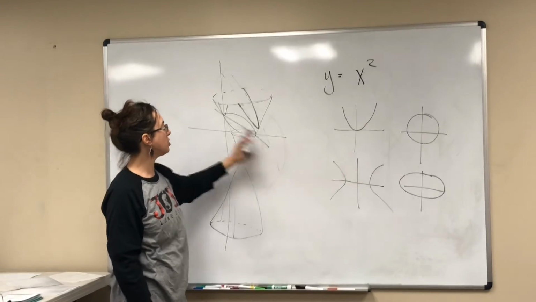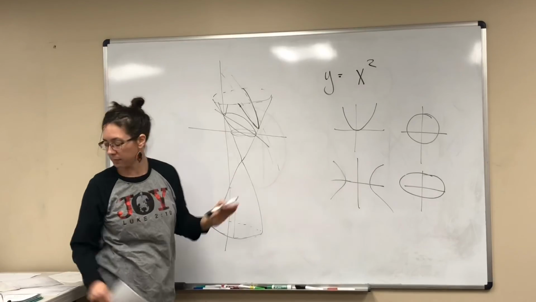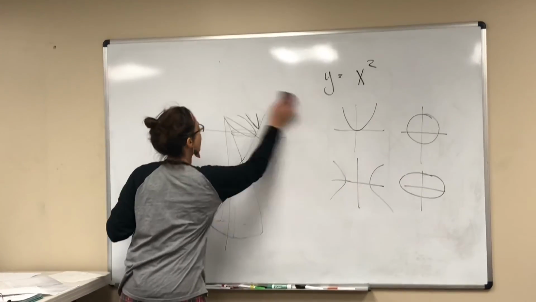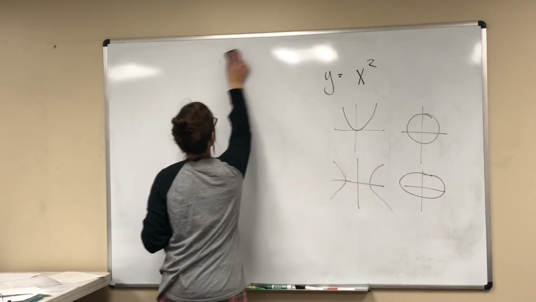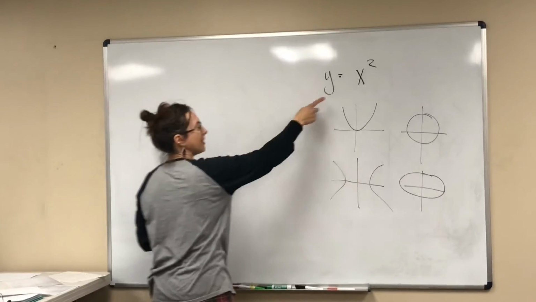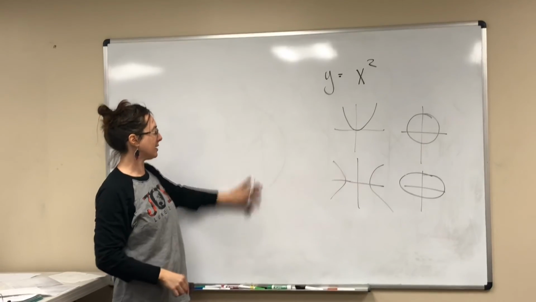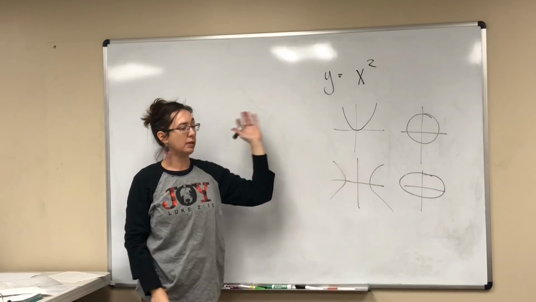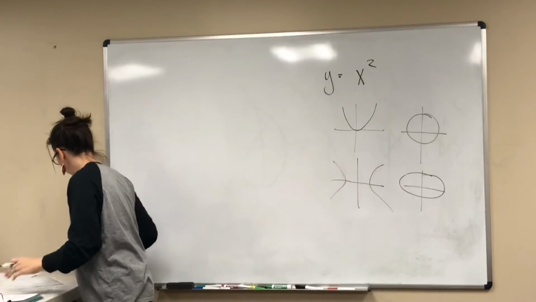We get all of these shapes from slicing cones in different ways. All right, this is where they come from. That is why they also all come from a quadratic equation, okay? Because the one equation makes a cone when we graph it in a 3D plane. All right?